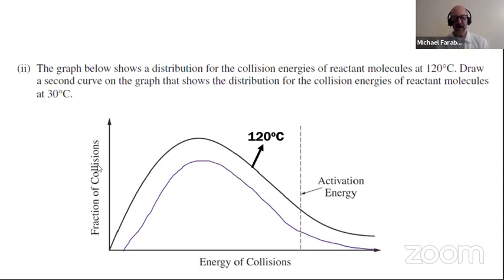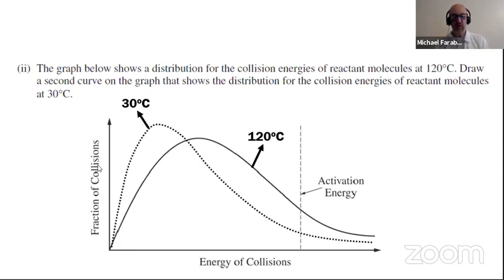Hopefully you can see that that would not be correct, because we still have to have the same area under the curve. So we're going to be shifting this curve to the left because it's a colder temperature. Therefore, the peak of this curve, that is the average kinetic energy or the mean, has been shifted. But also this area under the curve is lower.